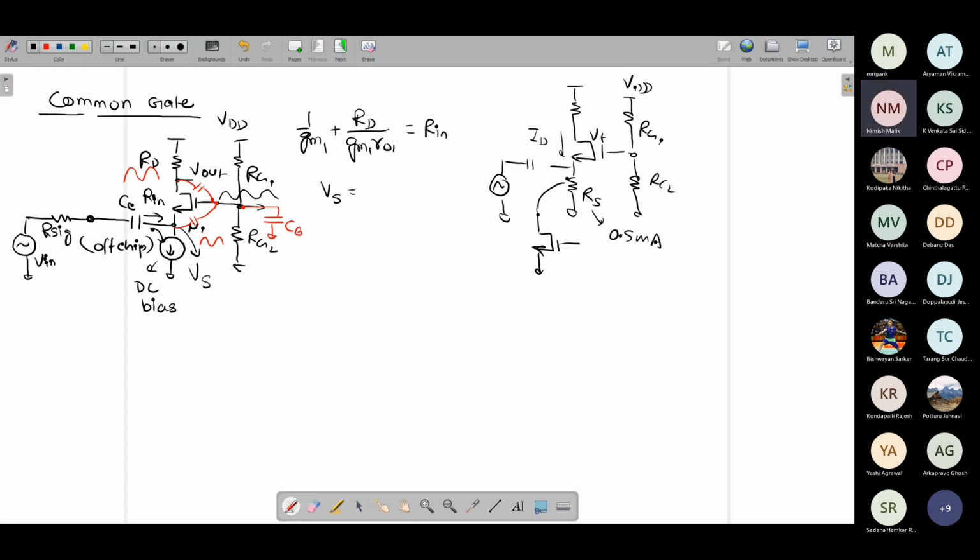So it will be Rin divided by Rin plus R signal plus 1 by sCC. The sCC we are ignoring. So here, assuming that frequency is sufficiently high, CC is bypassed. So in this case, this is just going to be voltage division.